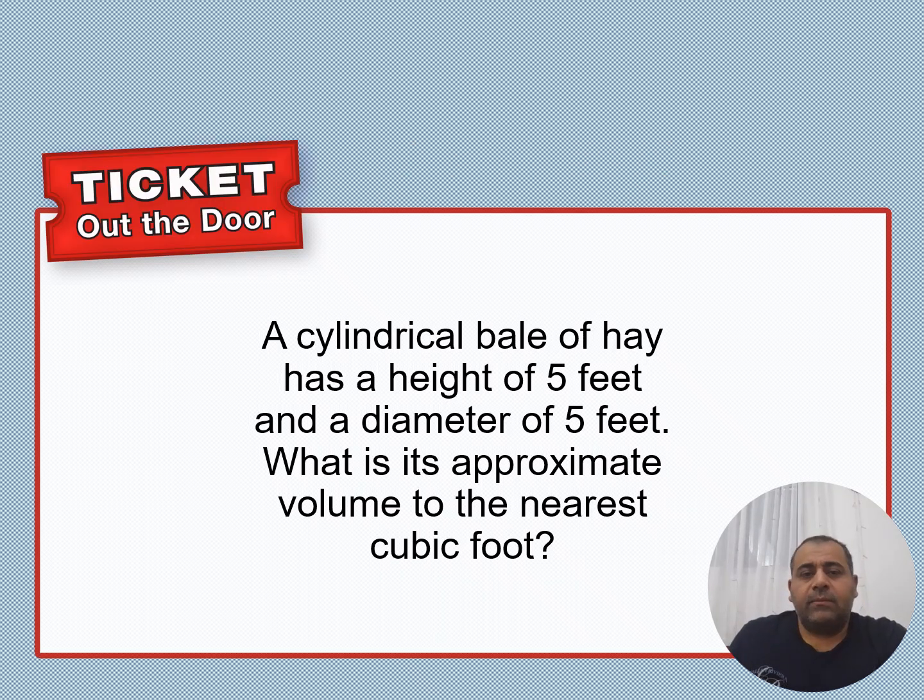So now I'm at the last point in my lesson today. I have an exit ticket, this exit ticket out the door. So I have a cylinder, and this cylinder's height is 5 and diameter is 5. Find the volume to the nearest cubic foot.